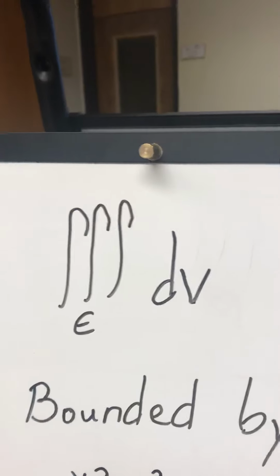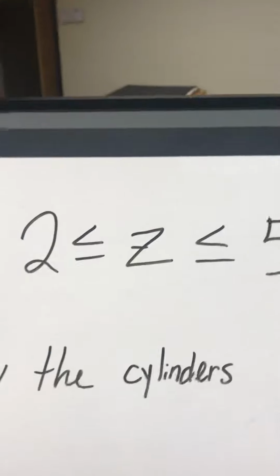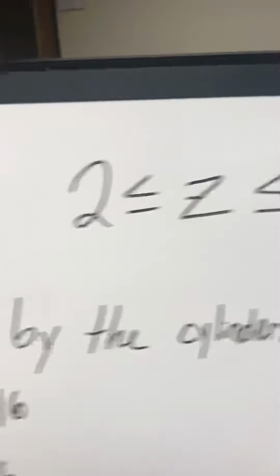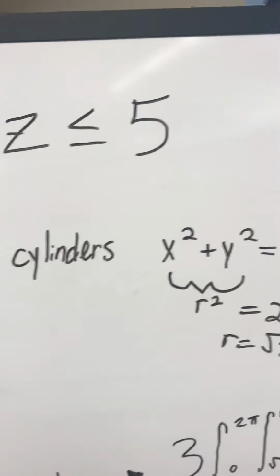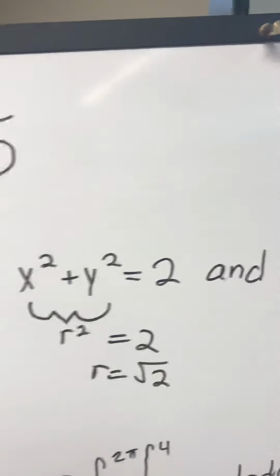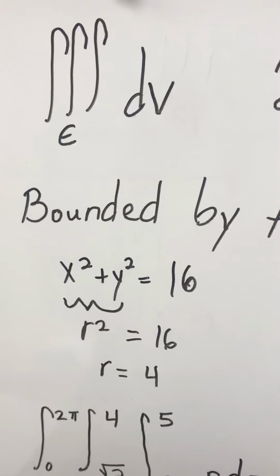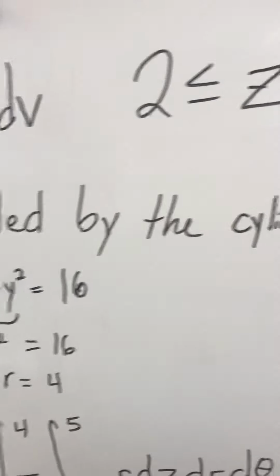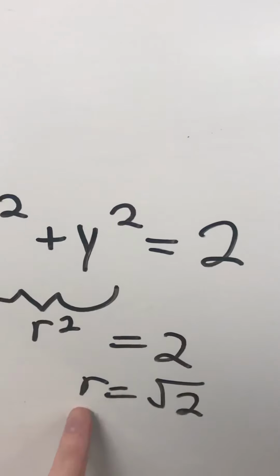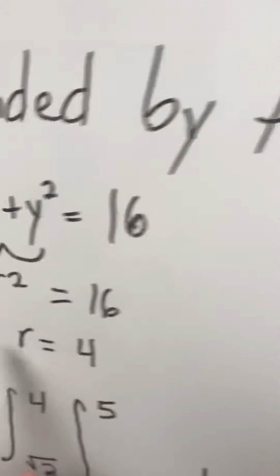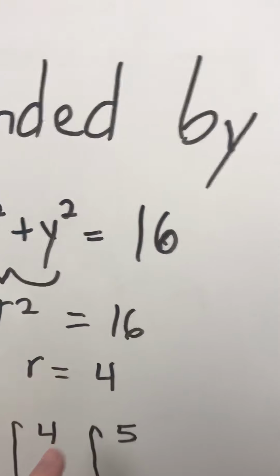We're taking the triple integral to find volume, where our z is bounded by 2 and 5, and the shape is bounded by the cylinders x squared plus y squared equals 2, and x squared plus y squared equals 16. Just a little bit of housekeeping: our r squared equals 2 here, so r equals square root of 2, and our r squared here equals 16, so r equals 4.